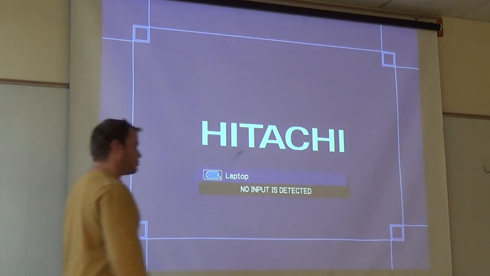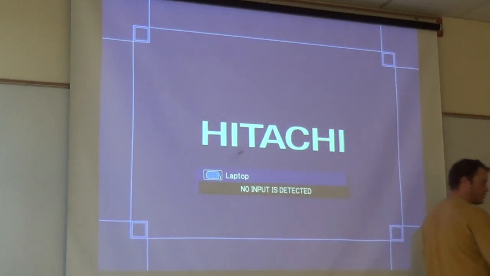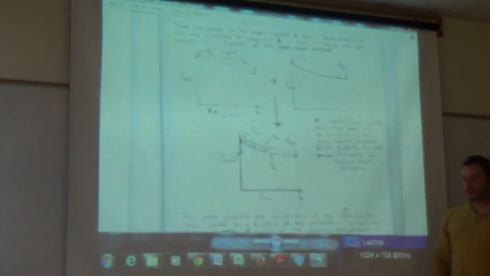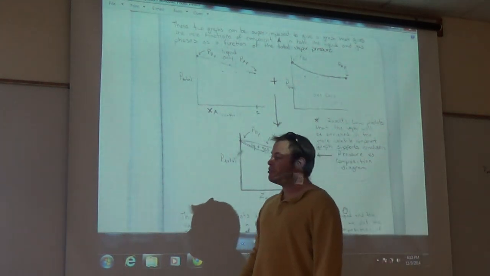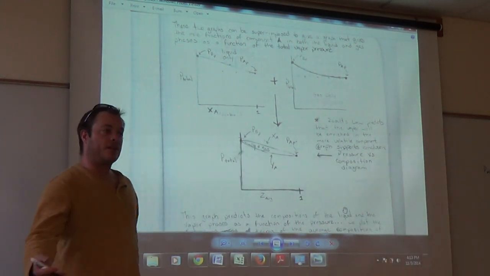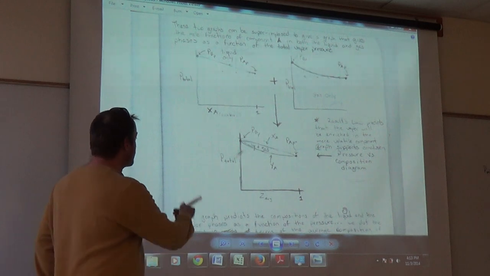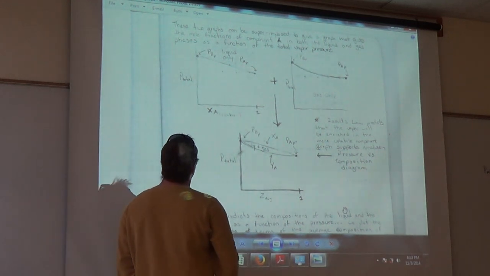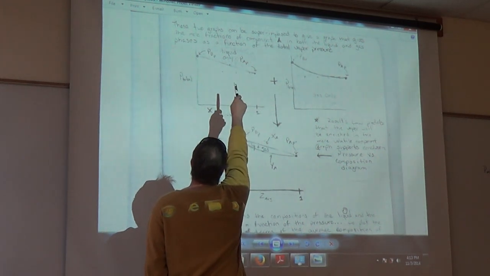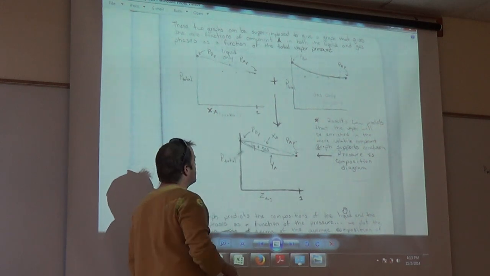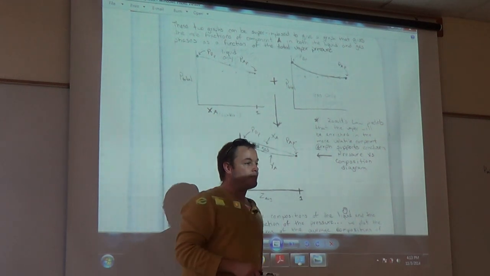And so you would expect that you can't alter both the pressure and the composition independently and maintain equilibrium. And that's what these curves are telling you. If the pressure changes, your equilibrium concentration is going to change, right?